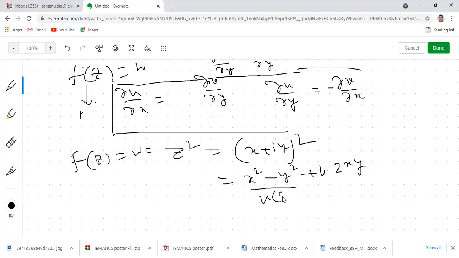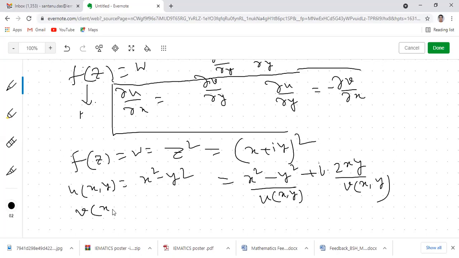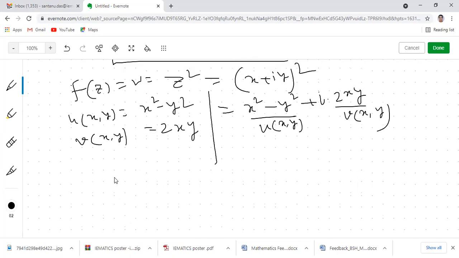So this is our u, the real part, and 2xy is our imaginary part v. Now we need to check whether these two equations are satisfied for this given function or not. If satisfied, then we will say that the function is satisfying the Cauchy-Riemann equation. Otherwise, the function is not satisfying the Cauchy-Riemann equation.